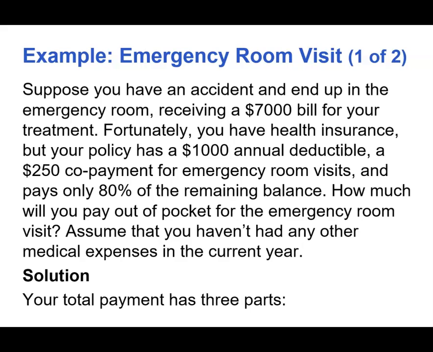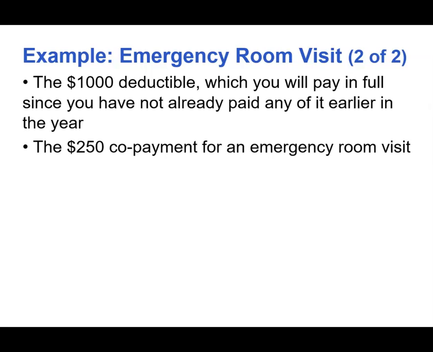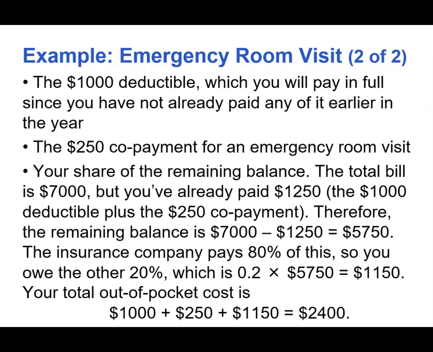Your total payment has three parts. First, you've got the $1,000 deductible, which you will pay in full since you have not already paid any of it earlier in the year. The $250 copayment for the emergency room visit, and then your share of the remaining balance. Well, the total bill was $7,000, but you've already paid $1,250, the $1,000 deductible plus the $250 copayment.